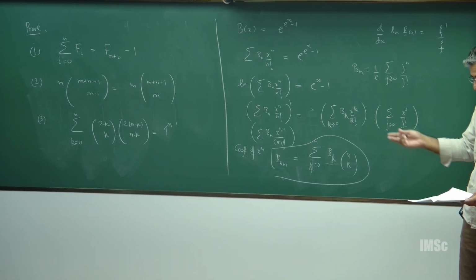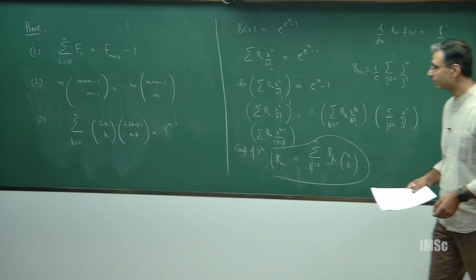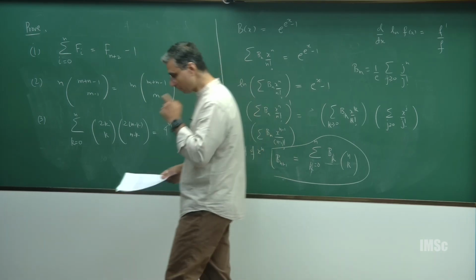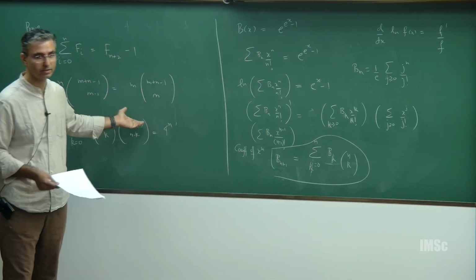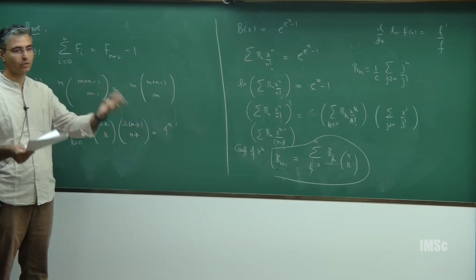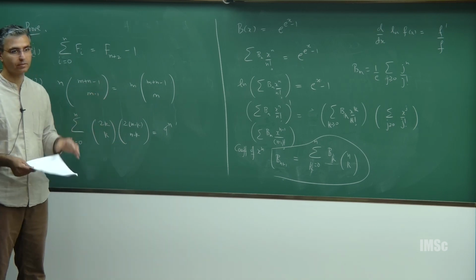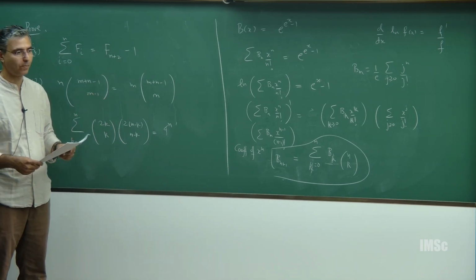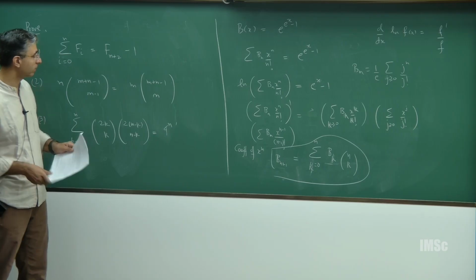In fact, in some software systems you can check these identities, and there is an algorithm which does exactly that. It is called the Zeilberger-Wilf algorithm.